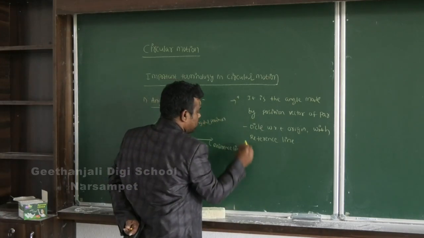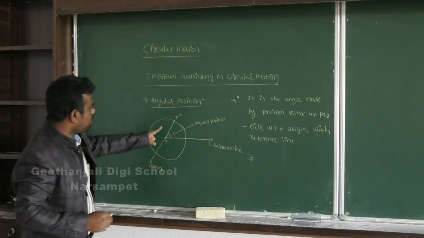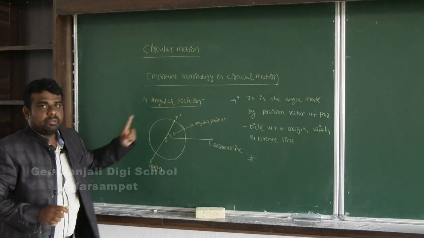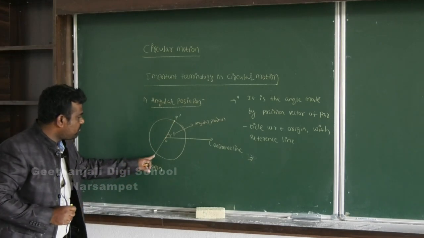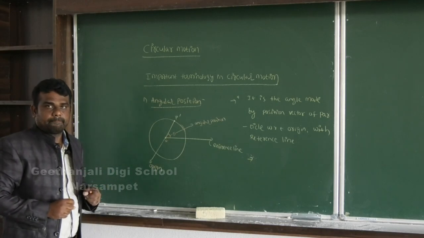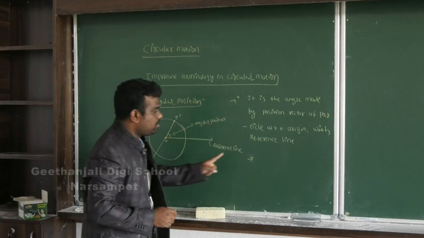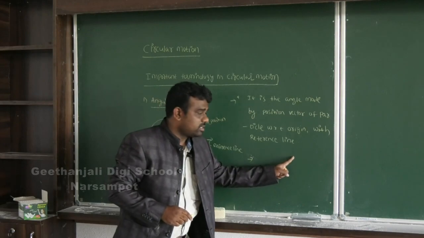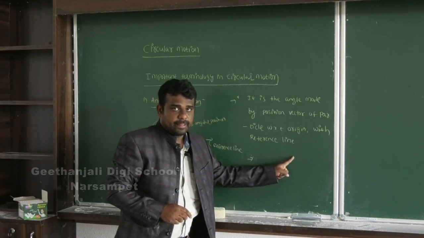One more important thing, the angular position of this particle depends upon the choice of origin, also on the reference line. Clear? It depends upon the choice of origin, also on the reference line.